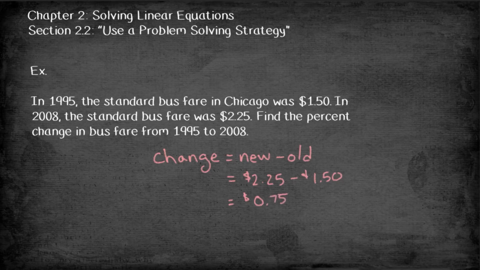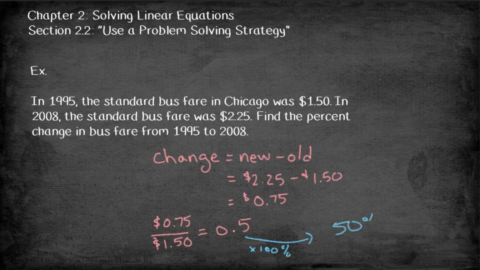And then what we do is take that change amount and divide by the original amount, which would be 150. That gives us 0.5. And then the last thing that we have to do is convert it to a percent. So we have to multiply by 100, add in the percent symbol. We end up with 50%.